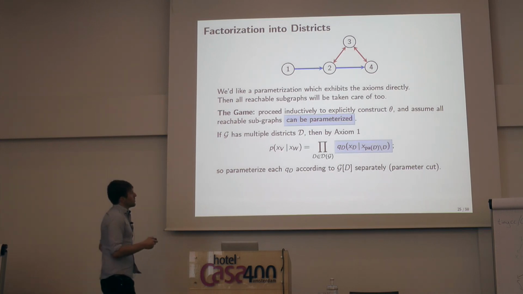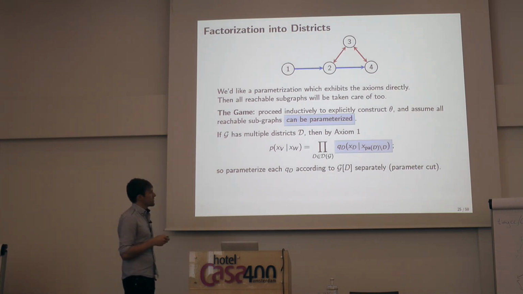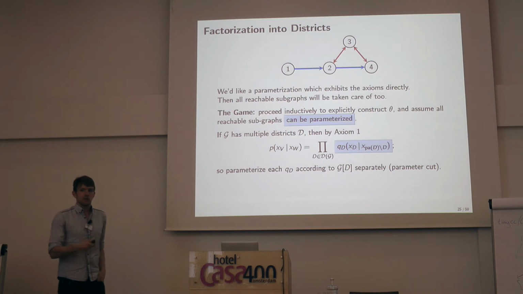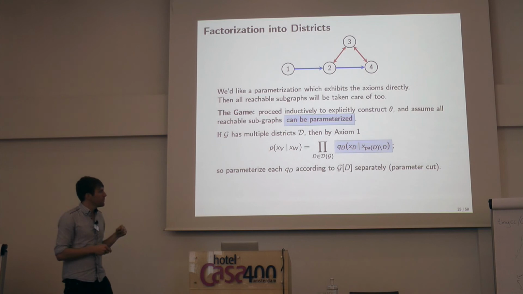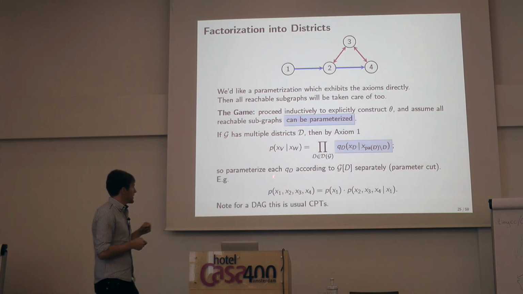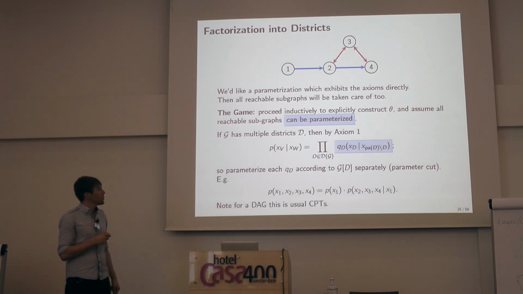So first of all, if a graph has multiple districts, then it's easy because we can factorize the distribution into the pieces that correspond to those subgraphs, and then we just use the parameterizations for those strictly smaller graphs. And this is nice because all these pieces will be variation independent. So everything's quite easy.